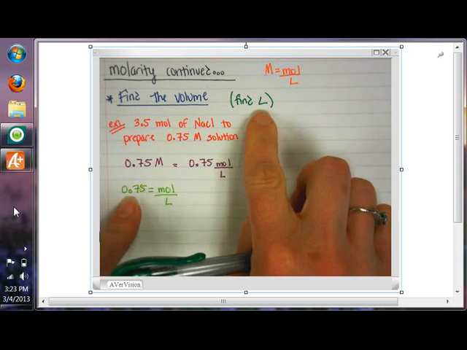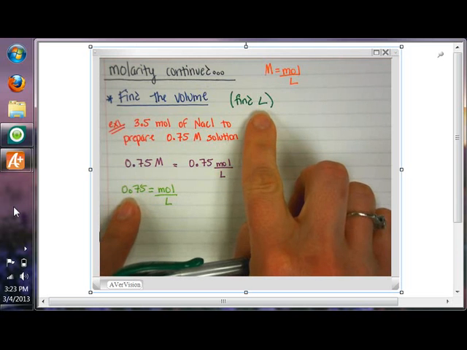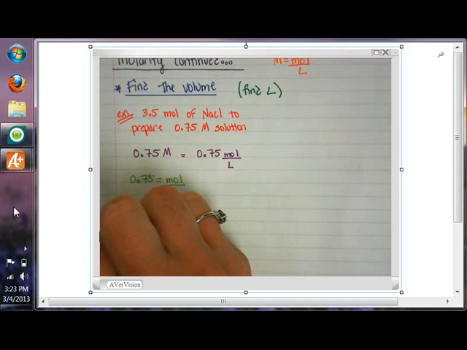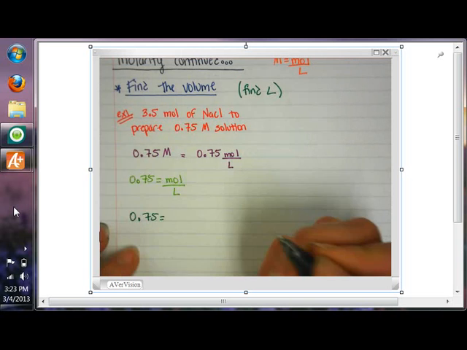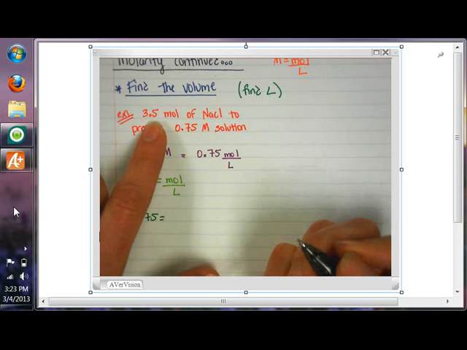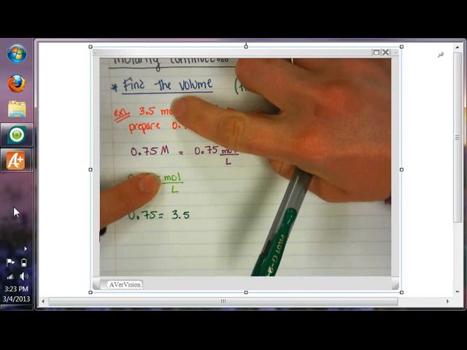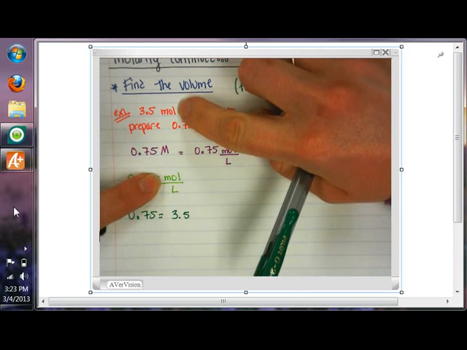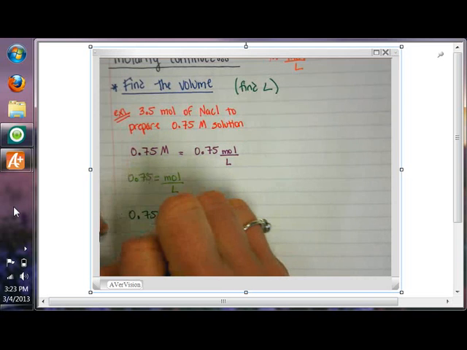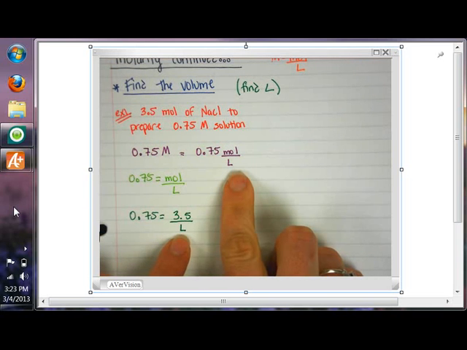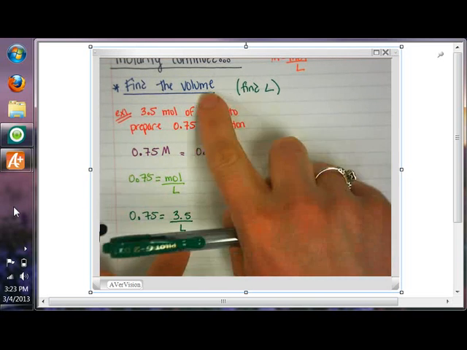So this just becomes a simple proportion. I have 0.75. I know that I have 3.5 moles. So I plug that into the mole part, 3.5 moles, all over liters. I want to find the volume, which is liters.